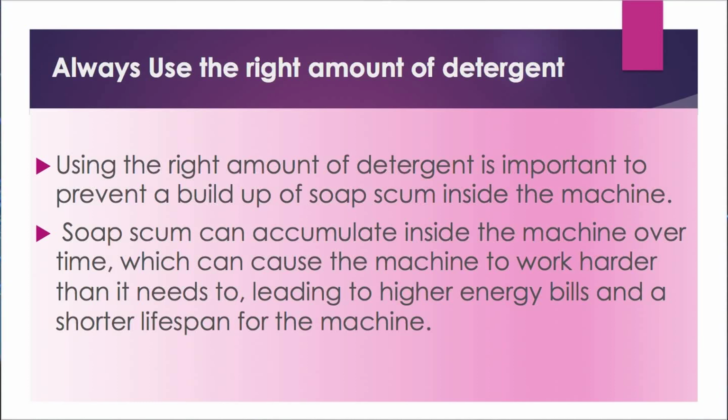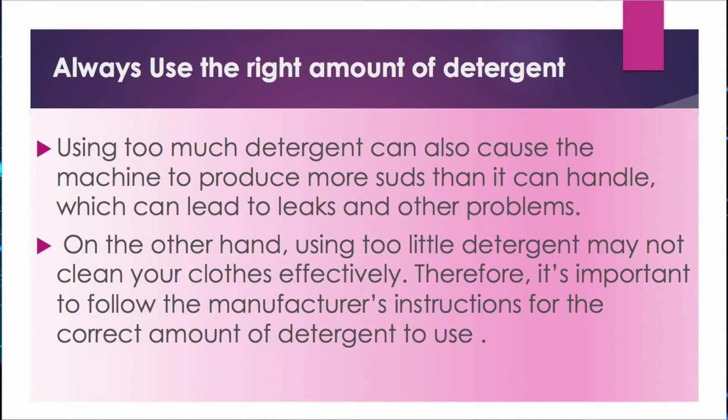Soap scum can accumulate inside the machine over time, which can cause the machine to work harder than it needs to, which can again lead to higher energy bills or a shorter lifespan for your machine. Using too much detergent can also cause the machine to produce more suds than it can handle, and it can lead to leaks and other problems.